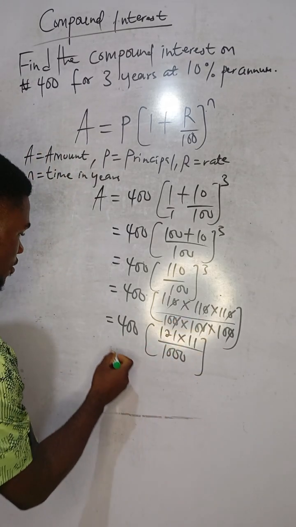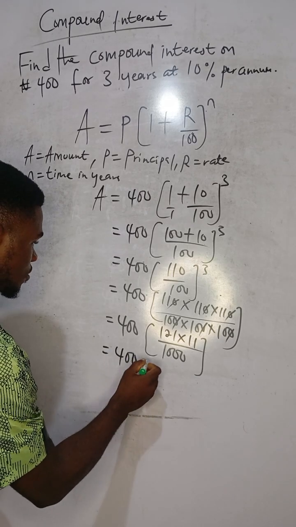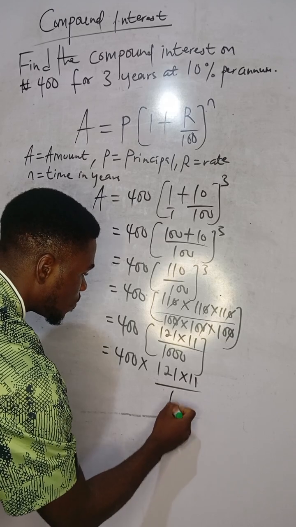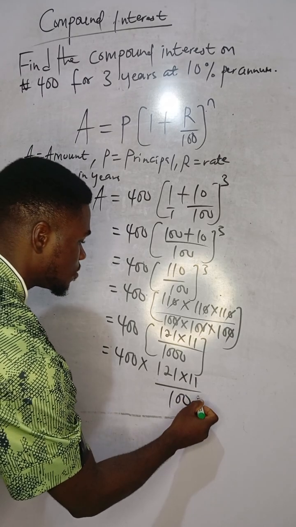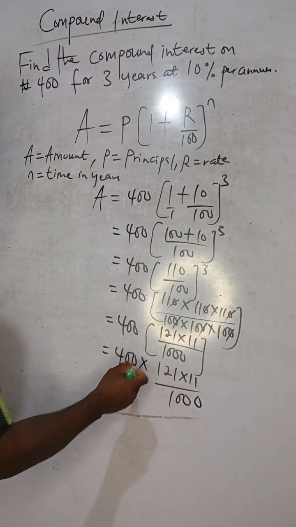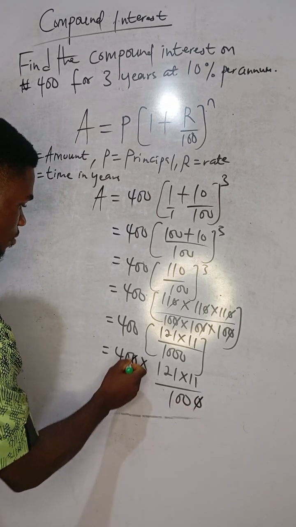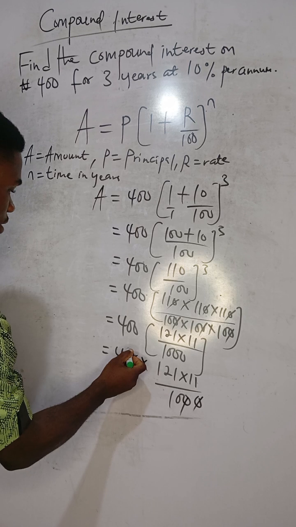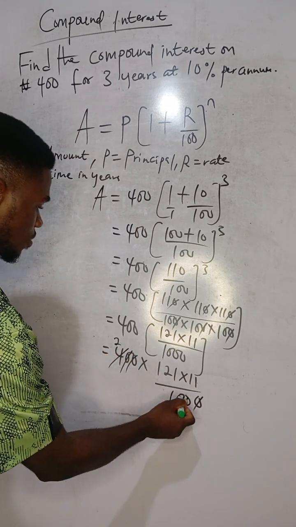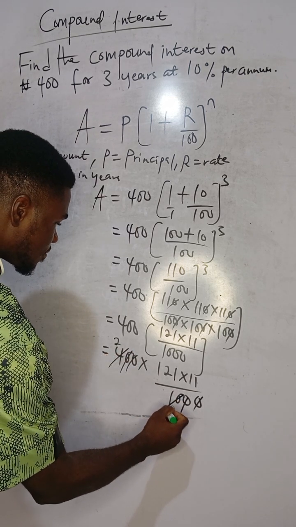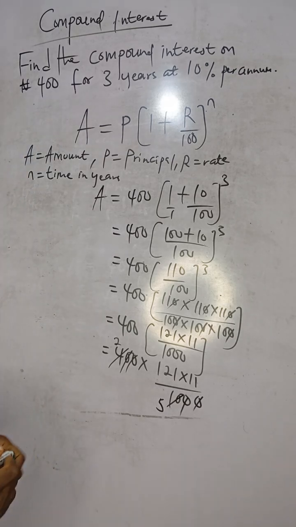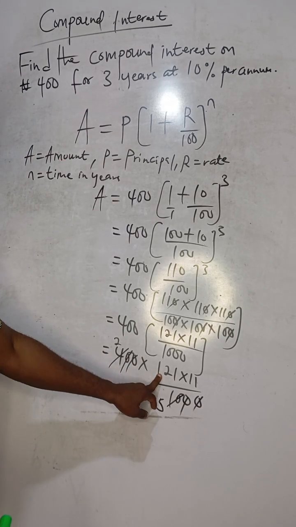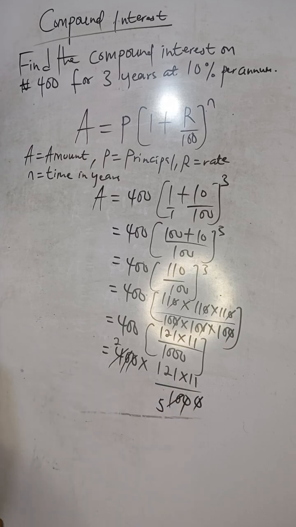You can rewrite this as 400 times 121 times 11 over 1000, of which I can see that 0 can cancel 0, 0 can cancel 0. So what is remaining here is 2 can divide 4, 2 can divide 10, 5. So I have 121 times 2 times 11 all divided by 5.